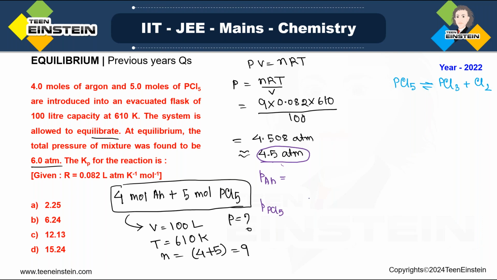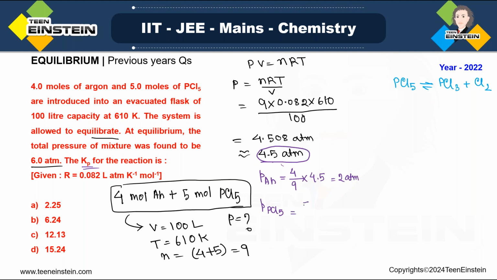Simply find the mole fraction, because you know the number of moles of argon, it is 4. Total moles 9. So this is the mole fraction multiplied by total pressure, which is 4.5. So this is the value of P argon, and this is 2 atmosphere. If you are thinking why I am finding the partial pressure of argon, because ultimately when you find the Kp value for this decomposition of PCl5, then you will need it.